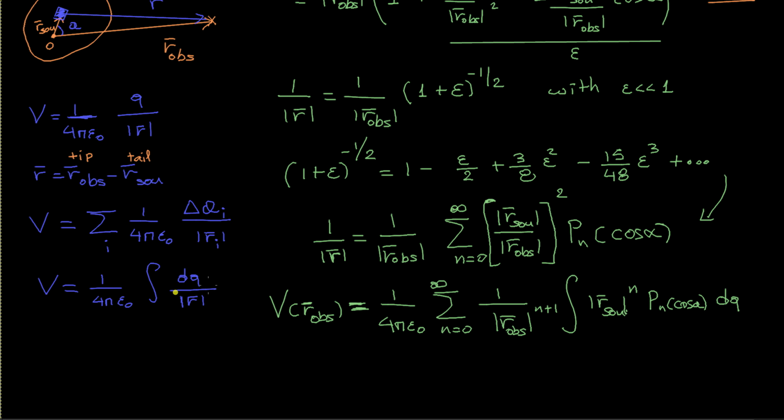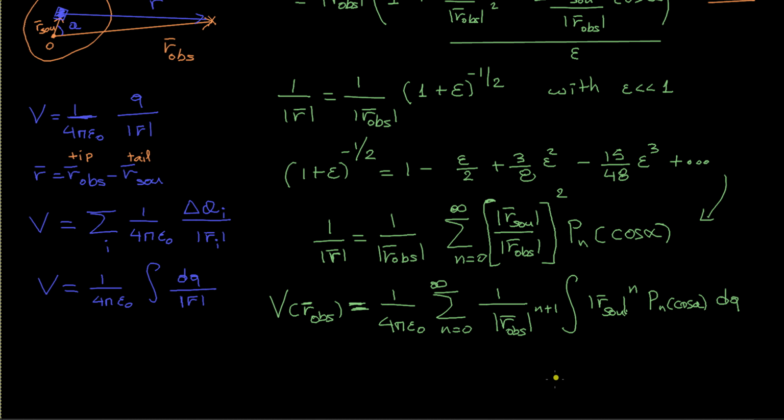Now you take this expression for 1 over r and plug it into the integral that I have over here, and this gives us the potential as 1 over 4 pi epsilon naught times an infinite sum of 1 over r_obs to the n plus 1 times the integral of r_source to the power of n times the Legendre polynomial of cosine alpha, integrated over dq, meaning you're integrating over your charge distribution.